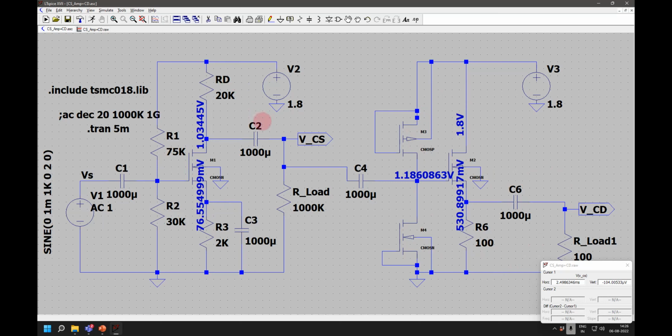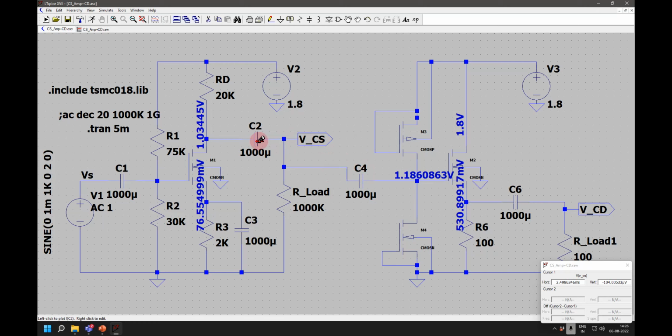Hello, sir. Can we use the output of the common source directly into the common drain? I mean, why do we need this C4 and this biasing circuit? I mean, we are getting common mode at 1 volt. Yeah, you can. Is there any drawback of that?